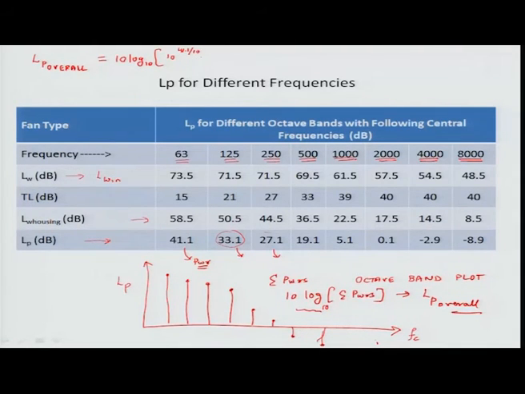The second number is 33.1, so I put 10 to the power of 3.31. Third number is 27.1, so 2.71.